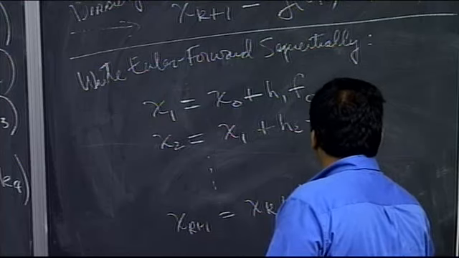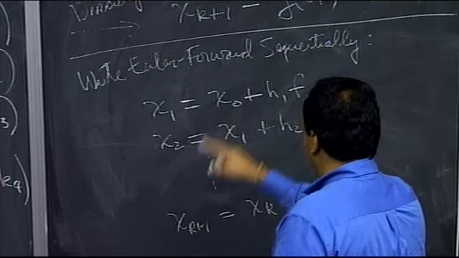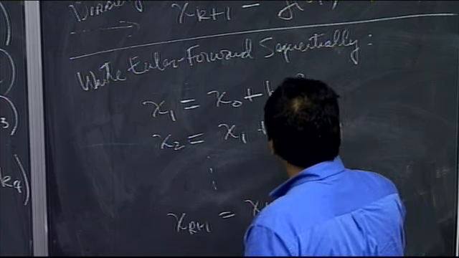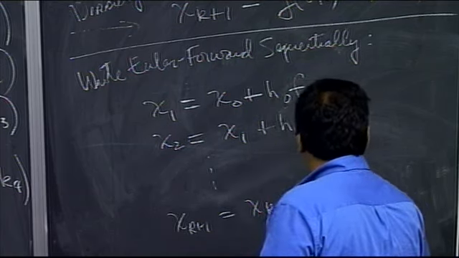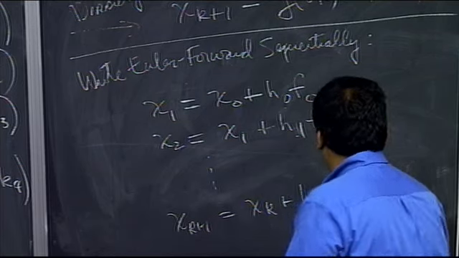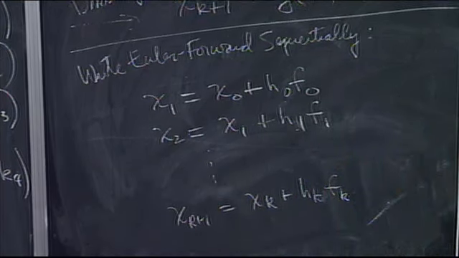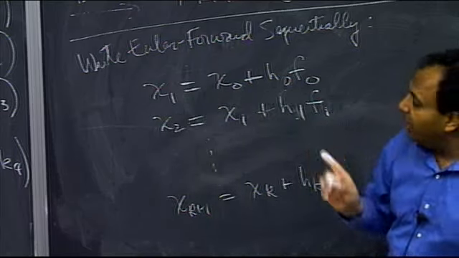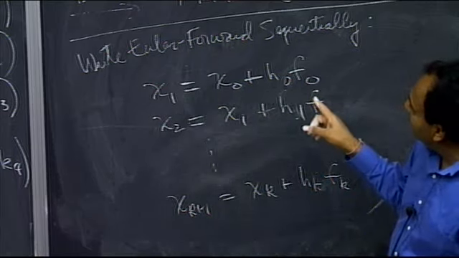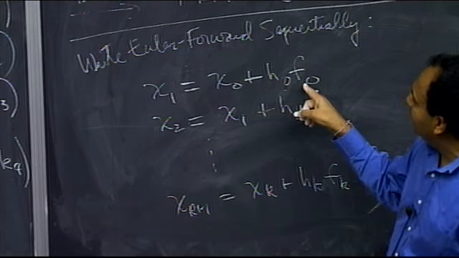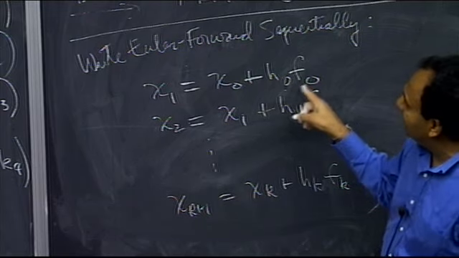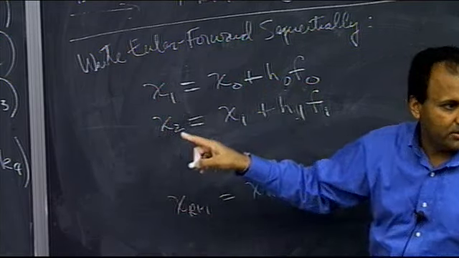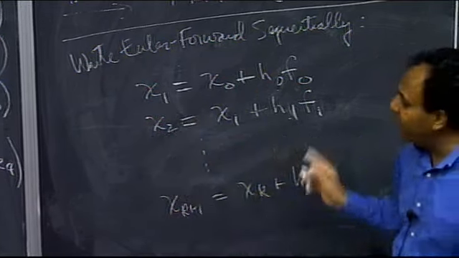Sorry, the indices should start at 0. So if you look at these equations, you could say, well, the way I introduced it originally was, I said that if you know the value x0 at t0, you can solve for x1. And then you can plug that in and get the value for x2. And then plug that in and get the value for x3 and keep doing it.